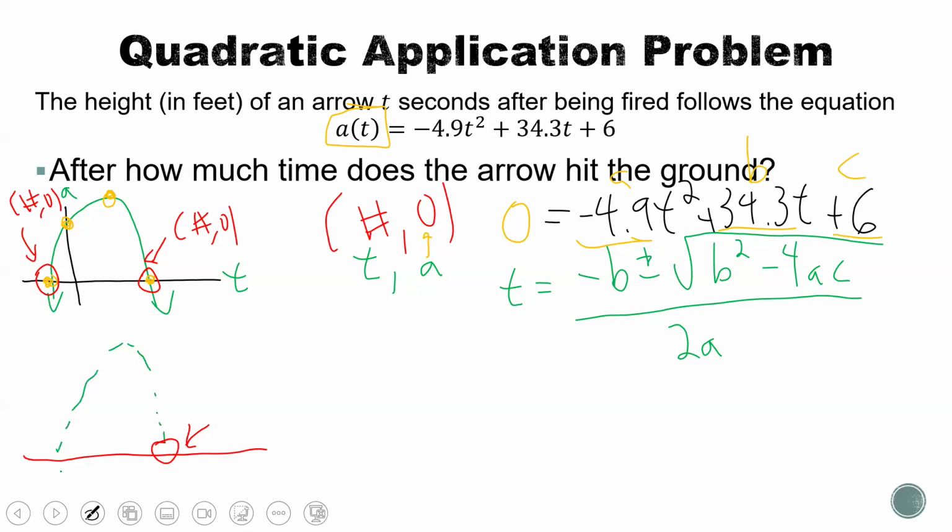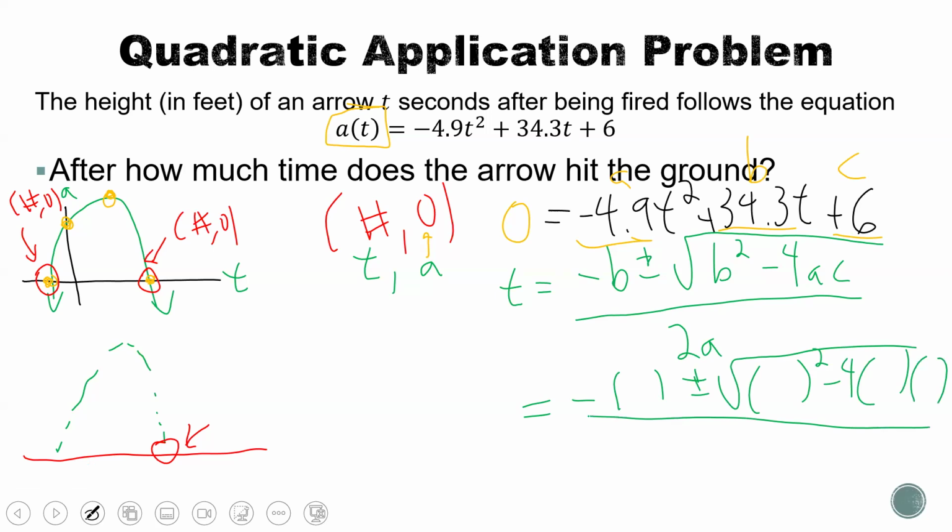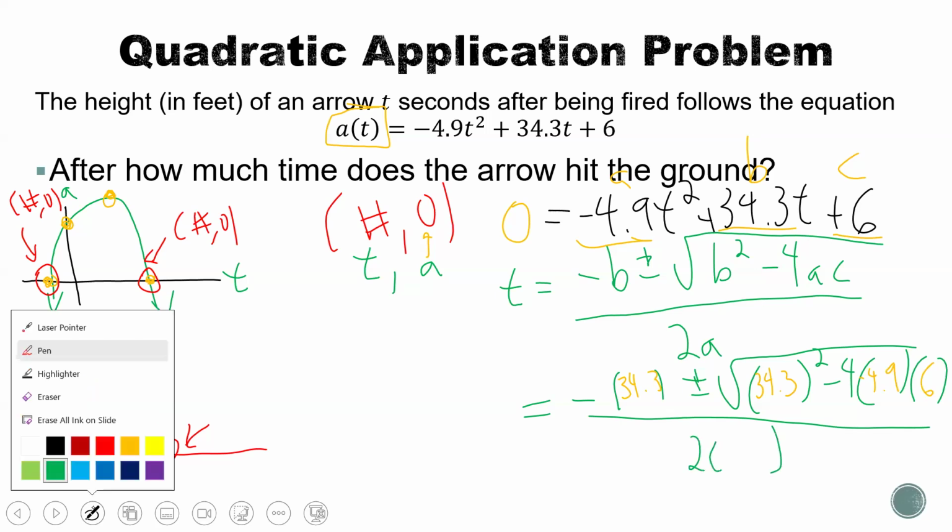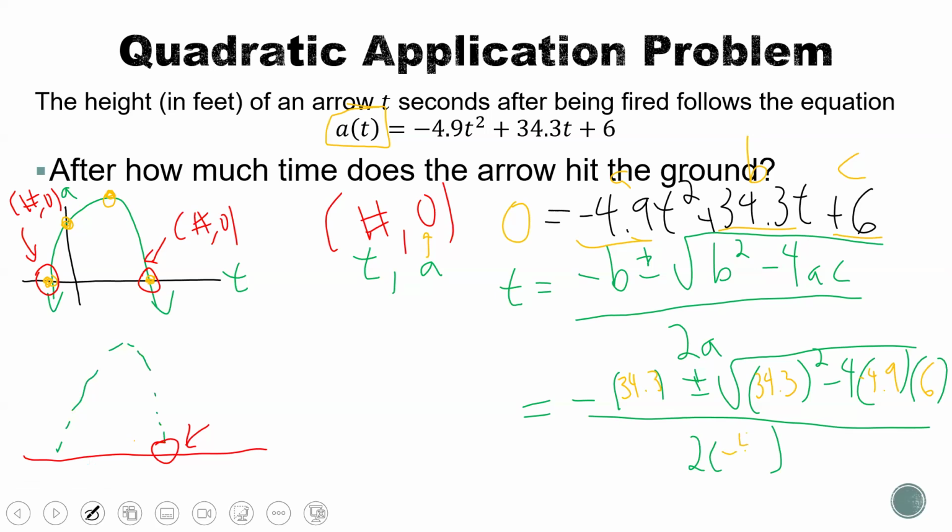So we can plug those values in here. So we have negative of 34.3 plus or minus the square root of 34.3 squared minus 4 times negative 4.9 times 6. Let me just put those numbers in here. And then that is all over 2 times the value of a, which is negative 4.9.